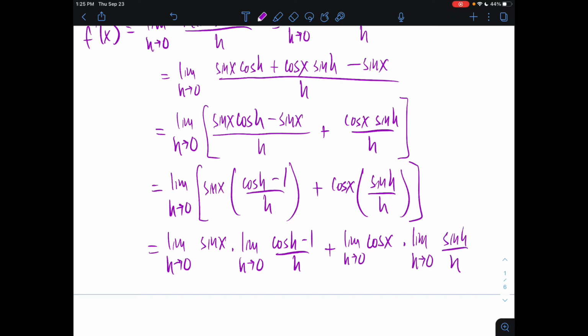And I'm allowed to do this if those limits exist. So again, we haven't really proven anything yet. We're just following this to see if we do get limits that exist, and then maybe that leads us to a conclusion.